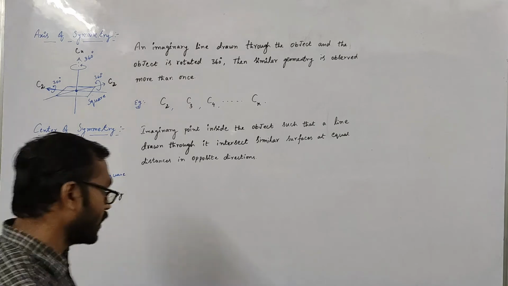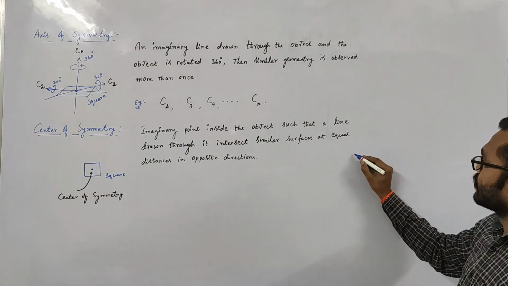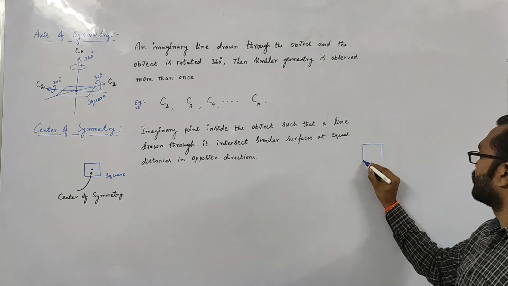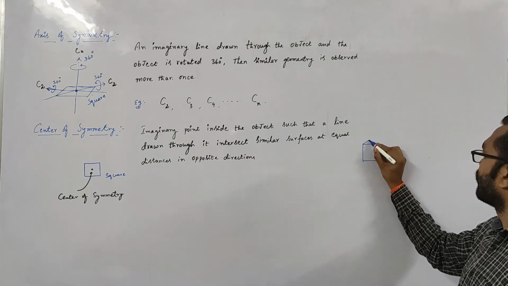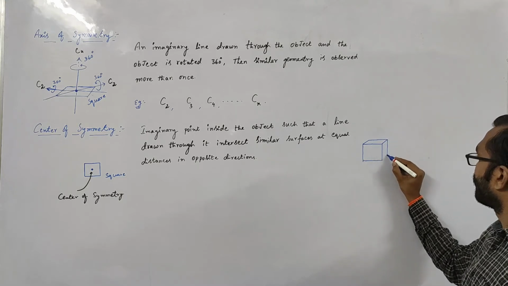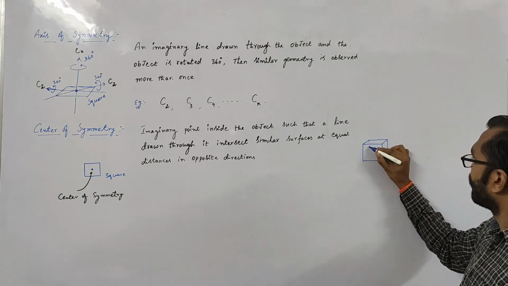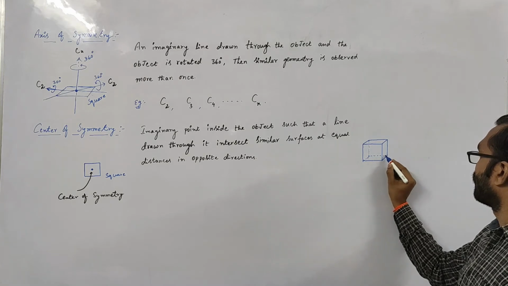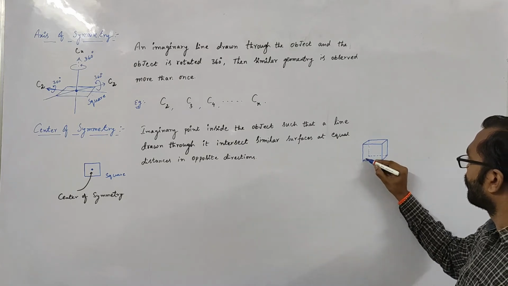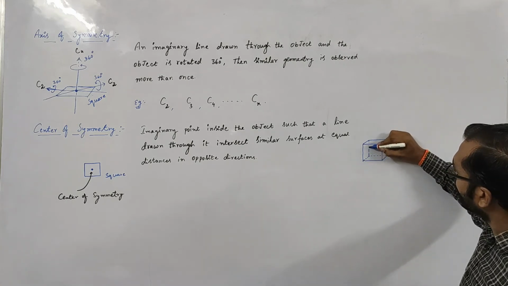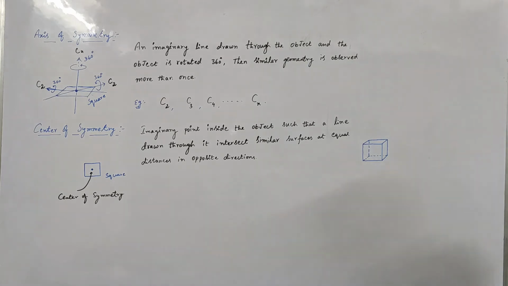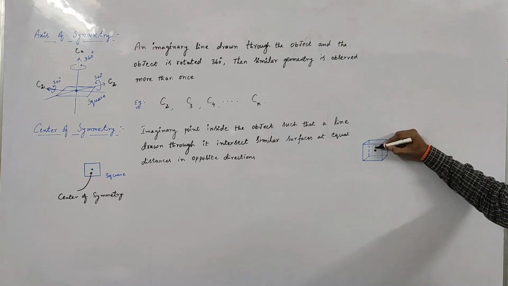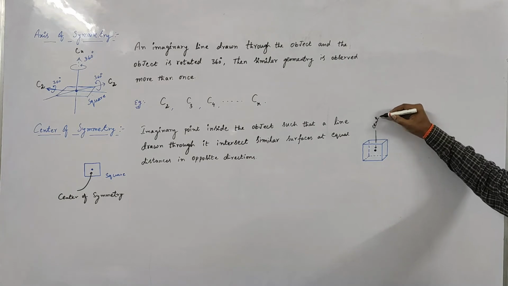Right? So, for example, if I take another geometry, a cube, and I assume a point exactly at the center of it, I call that the center of symmetry.